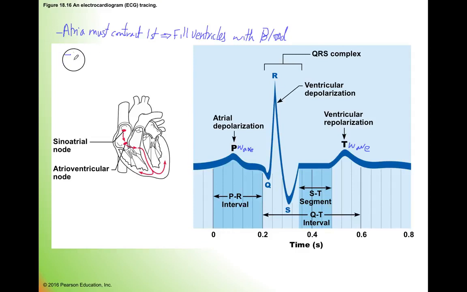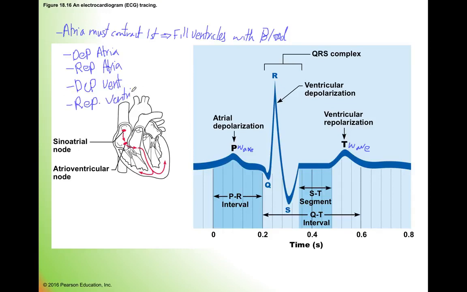So the four steps would start with depolarization of the atria, followed by repolarization of the atria. You also will have depolarization of the ventricle, and lastly, repolarization of the ventricle.